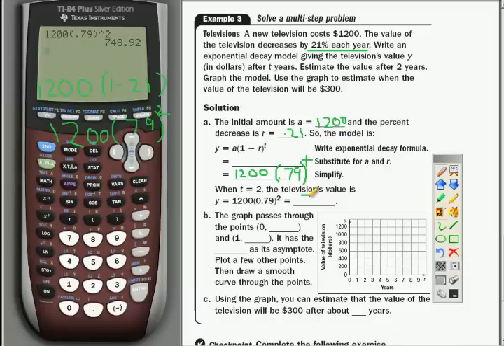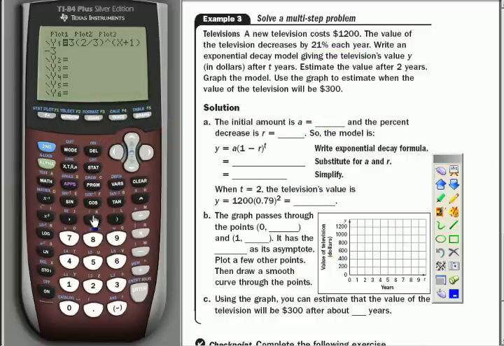So I got $748 right here. That's all it's worth. Now, the other thing is, what about graphing it? Well, what if I graph this thing just like this? I did $1,200 times 0.79 to the X power. Well, when I graphed it, I could see exactly what happened with the TV.